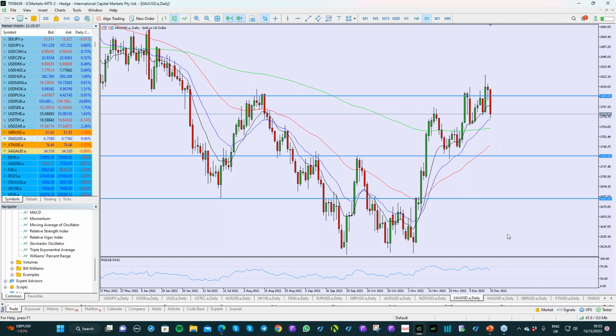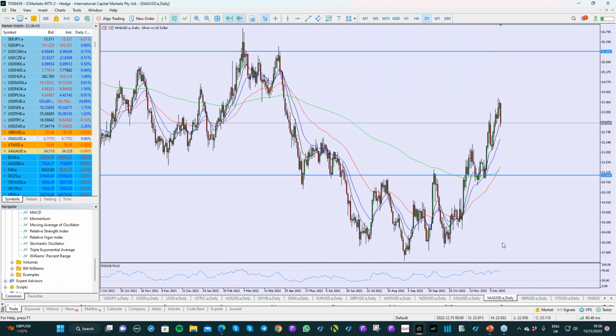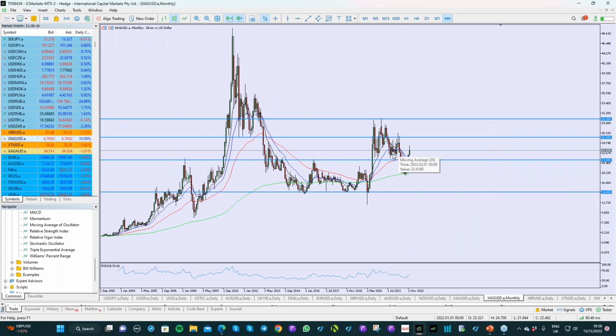Now, the other precious metal, which is pretty commonly traded, not perhaps quite as liquid as gold, but it can tend to move quite similarly to gold at times, is silver. So silver, going to the monthly time frame to pick up these levels of support and resistance.